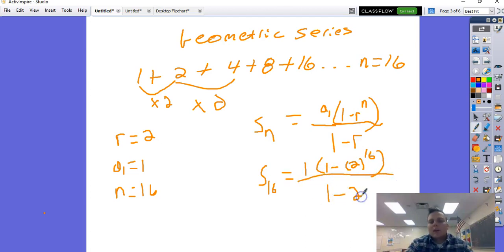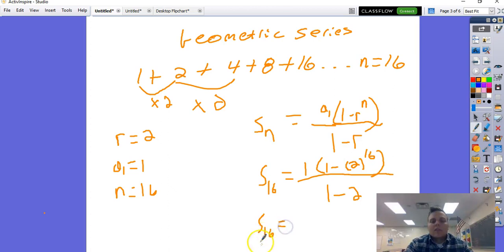A couple things I want to point out here. I put r in parentheses. You don't need it when r is positive, but when r is negative, it's very wise to put r in parentheses. The other thing, make note of where the exponent is. Is it inside the parentheses or outside? It's outside, and it needs to stay there. Now we're ready to throw this in a calculator.